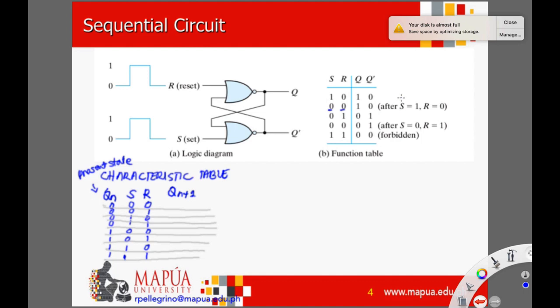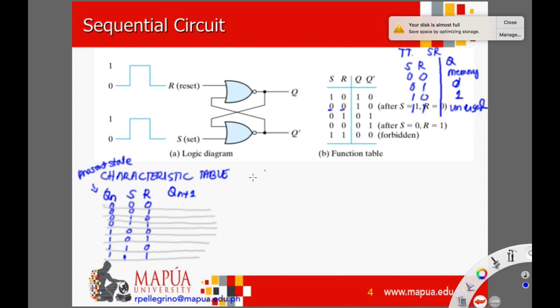So for the truth table of the SR, whenever you have SR as 0, 0, 0, 1, 1, 0, and 1, 1, your Q will be equal to what? The 0, 0 serves as a memory. This is set, this is reset, and this is unused.